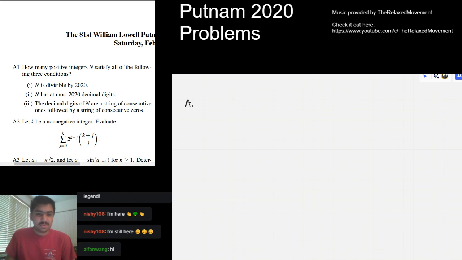How many positive integers n satisfy the three conditions? 2020 divides n. N is less than 10 to the 2020. And, I see. N is equal to like 1.